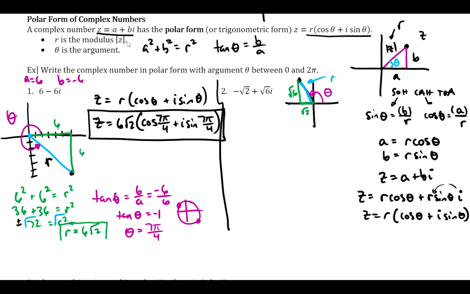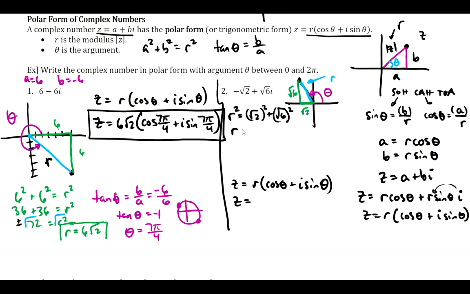All right, and so what we need, again, I want my equation. Let's go ahead and set my equation up down here. I want r times cosine of theta plus i sine of theta. So I just need to fill those in. Okay, so to get r, I can still just use the Pythagorean theorem. So we've got r squared is going to be the radical 2 squared plus the radical 6 squared. So I'm just looking at my triangle right there and plugging in the legs and squaring them.